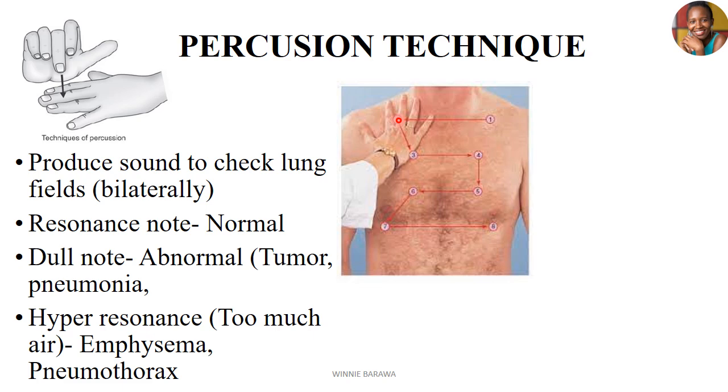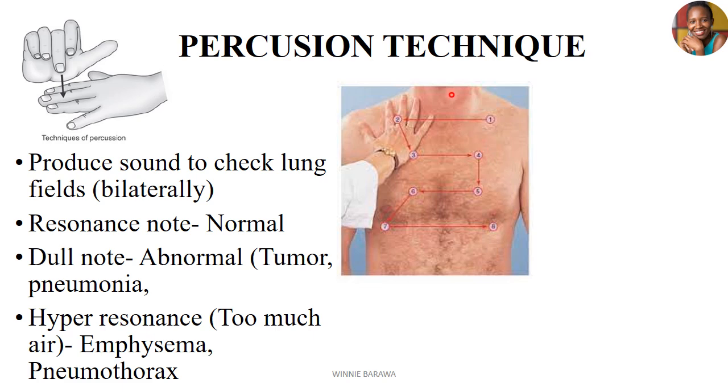If the sounds are not the same, it will tell you the area where there is dullness, that is where the problem is. Then you move downwards to a different point, check, move to the other side, and compare. You can compare points 3 and 4 and see bilaterally how the sounds are. Are both resonant, or do we have dullness on one side and resonance on the other, or dullness on both sides?